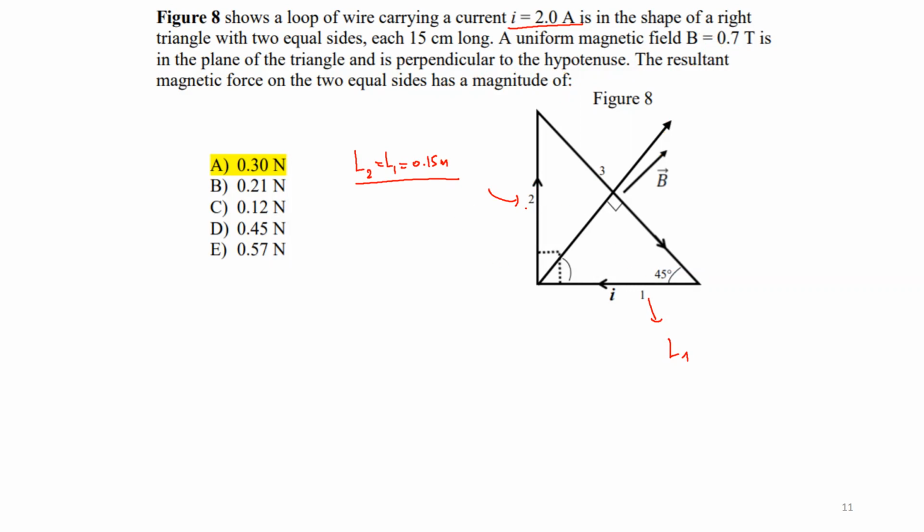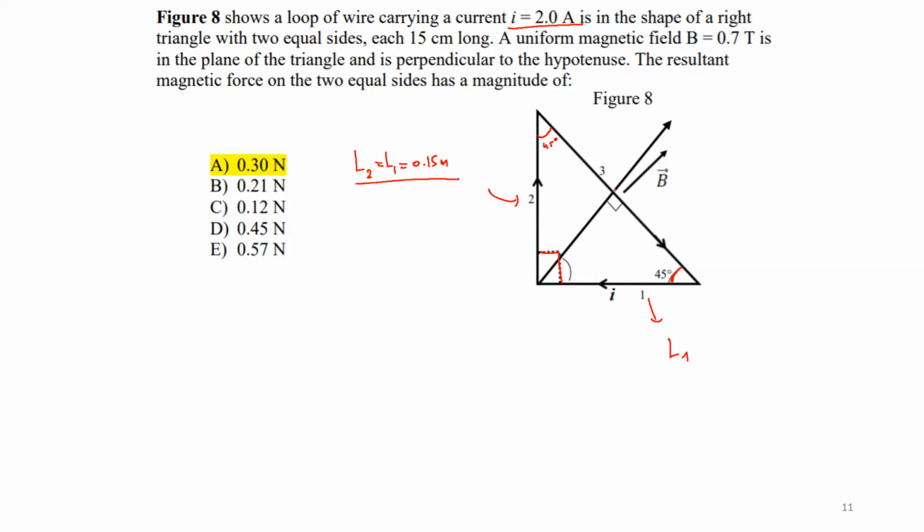As you see, L1 is equal to L2, so that means this angle here is 45 degrees, and this angle here is 45 degrees. And of course, this is 90 degrees because it's a right angle. Great. Now the magnetic field is normal to the hypotenuse, as you can see.